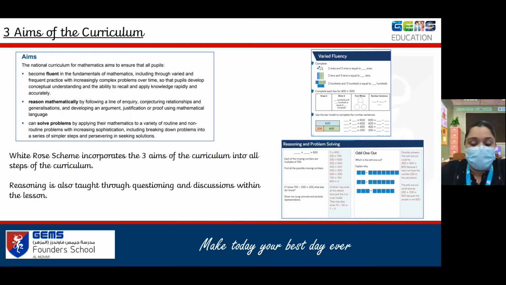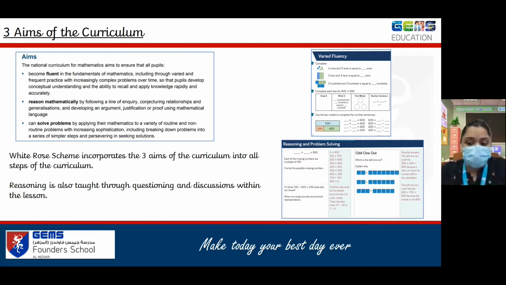Talking about the curriculum, this year we have introduced the White Rose curriculum in maths. The 3 aims of this curriculum are fluency, reasoning, and problem solving. Fluency is basically to become fluent at solving problems related to different topics in maths.